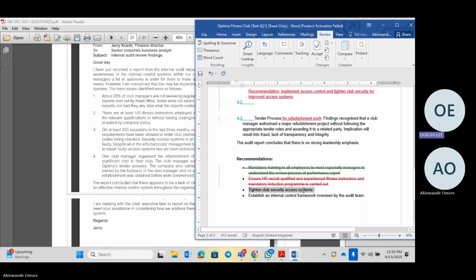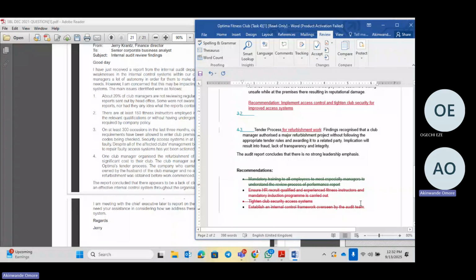There's related parties somewhere there. No, this is wrong. The recommendation is wrong. You see it? She said establish an internal control.